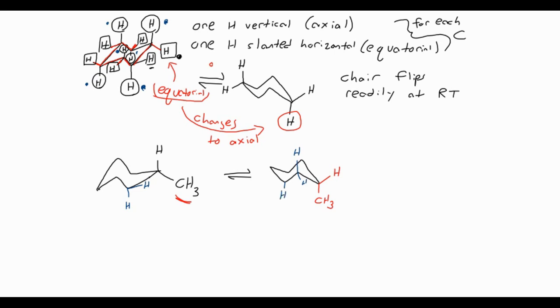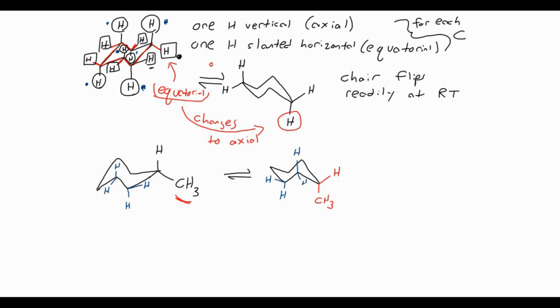Hydrogen and hydrogen. Go back to this one. We have one axial and one equatorial. So why is that important? Why am I drawing in all these extra hydrogens? Well, only in one of these conformations do we have extra steric clashes.